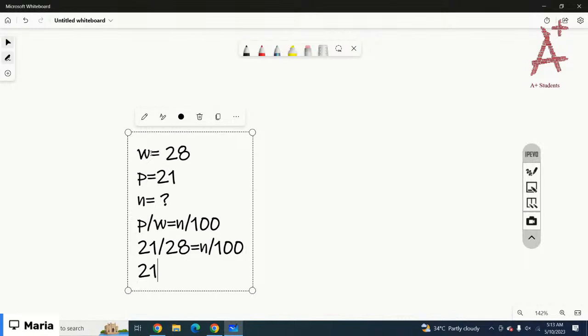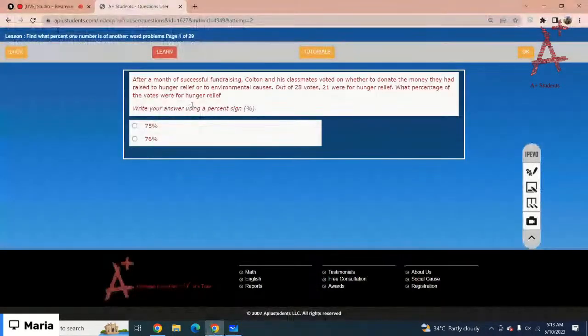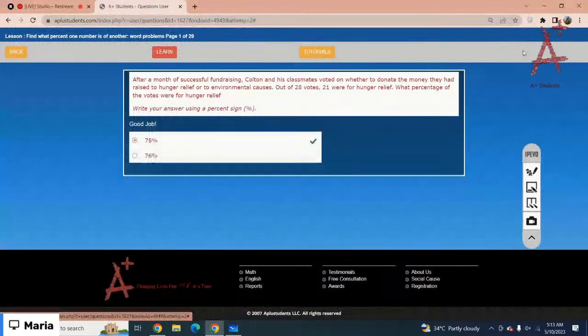So it would be 21 times 100, and you have to divide it by 28, and that equals n. So just calculate 2100 divided by 28, let me just divide. 2100 divided by 28, it would be 75%. That means 75% of the votes were for hunger relief. Got it? It would be 75%.